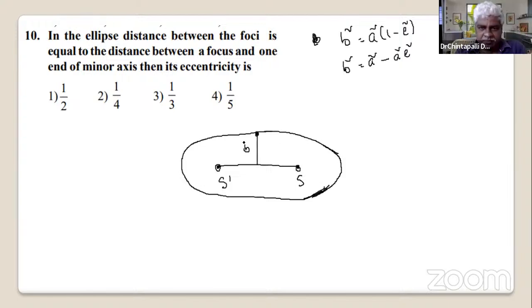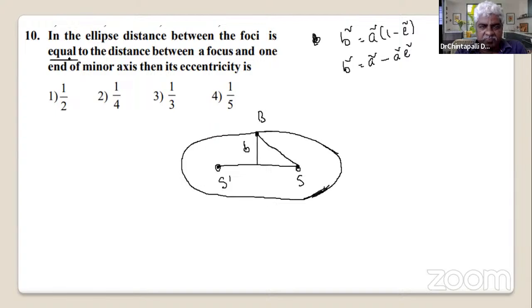Now, see, in the ellipse, the distance between the foci is equal to the distance between a focus and one end of the minor axis. This is the focus S and this is one end of the minor axis, called B. S and B, SB, are equal.